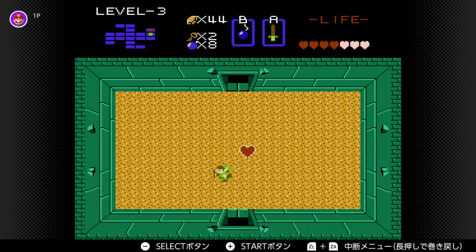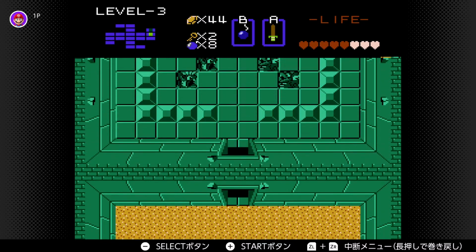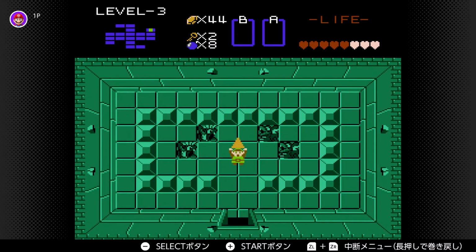Yeah, I think if I hadn't used the medicine, I would have died, because those 3 hearts. I think I had 3 hearts or lower, so we get another heart container. We get our Triforce piece.